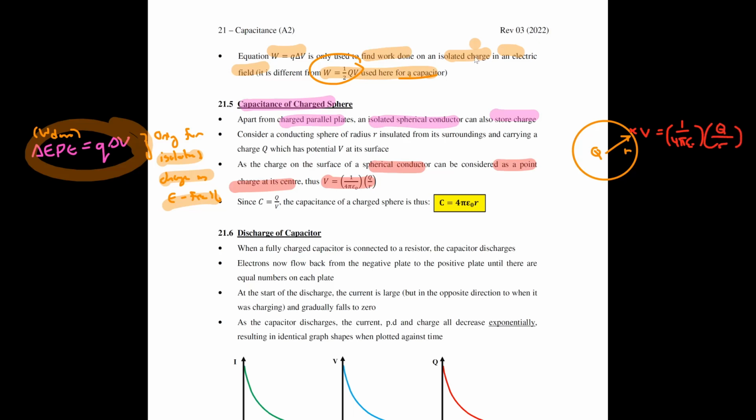And from the definition of capacitance, where C equals Q over V, if you sub in V and simplify it, your capacitance for a charged sphere will be 4 pi epsilon naught r. So this derivation is required.